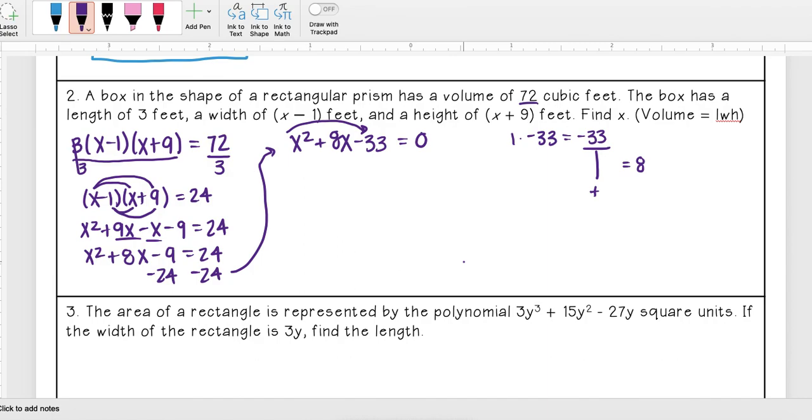Since it's adding to a positive number, my smaller number is going to be negative. So I have negative 1 and 33, but those don't add to 8. Negative 3 times 11 is negative 33, and I see that negative 3 plus 11 equals 8. So instead of 8x, I'm going to have minus 3x plus 11x. I'm going to split that 8x up.